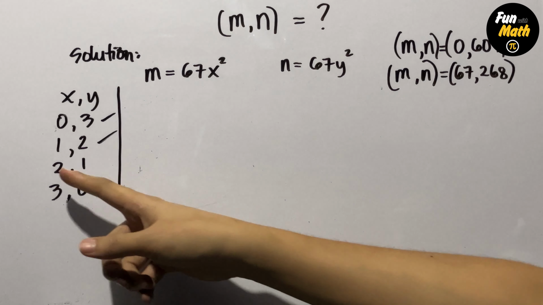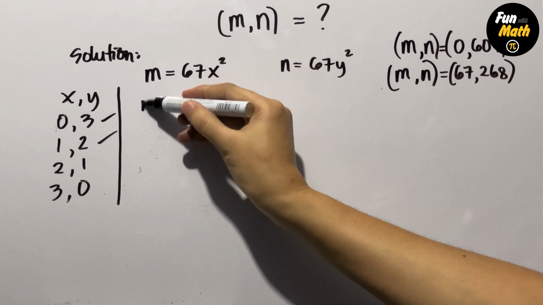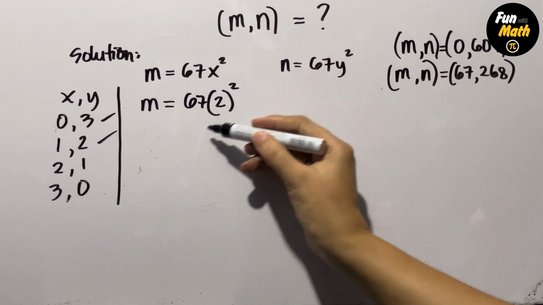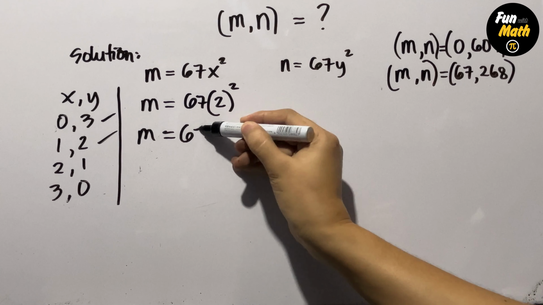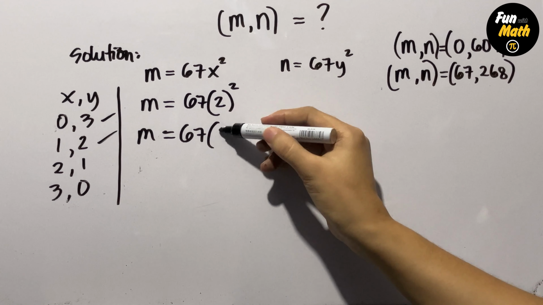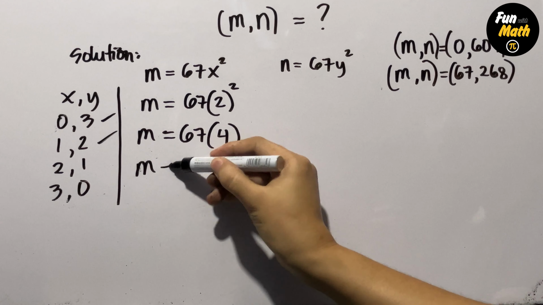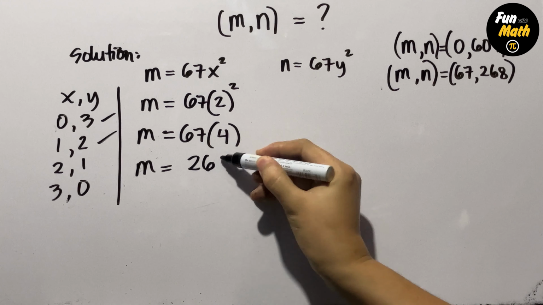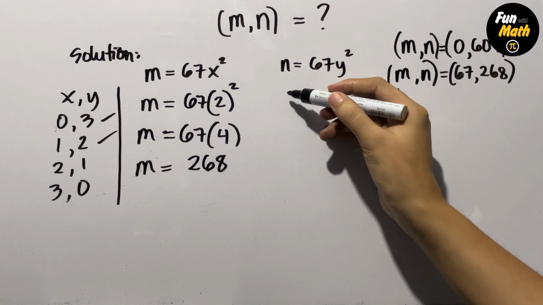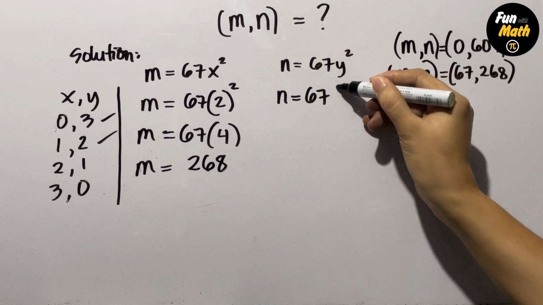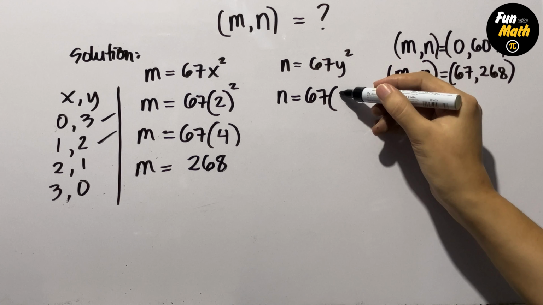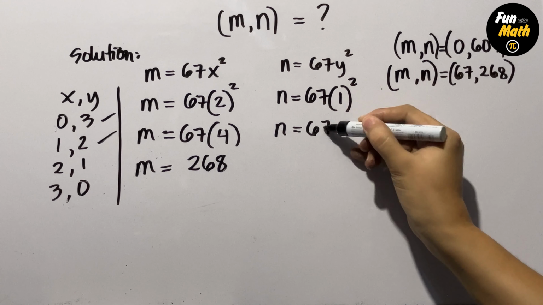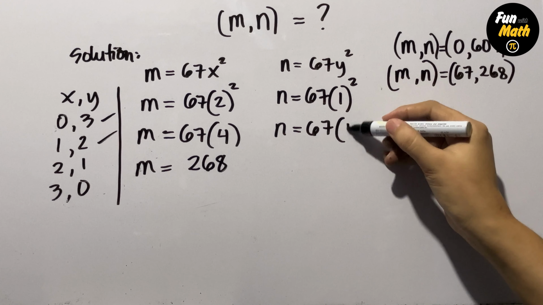Next is for 2 and 1. So this is m is equal to 67 times 2 squared, that is 4. M is equal to 67 times 4, that is 268. Now for n is equal to 67 times y squared, that is 1 squared, that is 1.